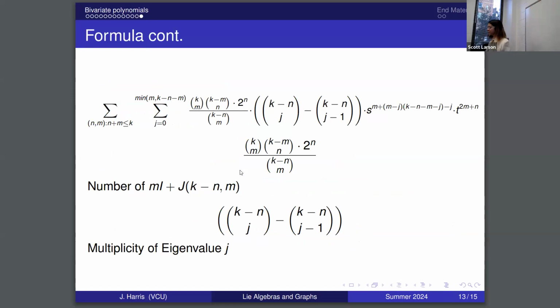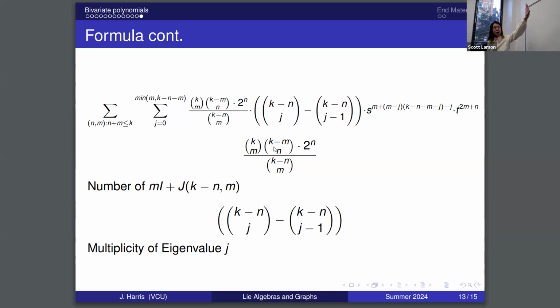This term up here is the number of blocks that we're going to end up having, where this number at the bottom is n, since it's an n by n matrix, the length and width of the Johnson adjacency matrix, and this is the number of polynomials that have m pairs and n loners.